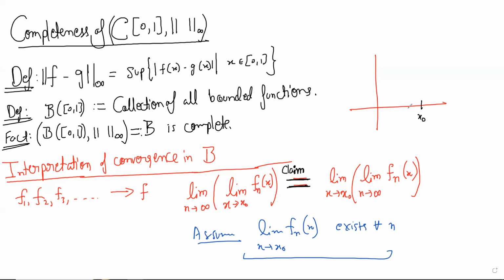Okay, so if you would like to draw a picture, what is happening is for every n, you are computing this limit, so you're getting these numbers, and basically you're asking where will these numbers converge. Okay, and the answer is that, well, you look at these functions f_n, right, and you converge them, you take the limit, you look at f, and for f you compute this limit, and that's where these numbers will converge.